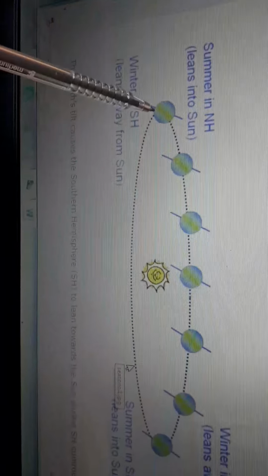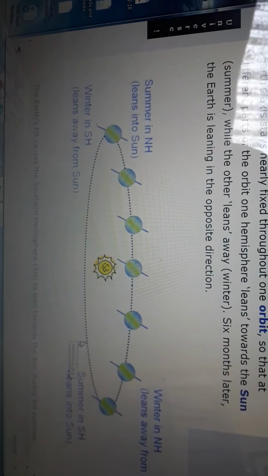And in the southern hemisphere, it is tilted away, so that is going to be winter. The reason winter temperatures are cooler than summer temperatures is that in summer the northern hemisphere is tilted towards the Sun, whereas in winter it leans away from the Sun. So that's the answer to part A.